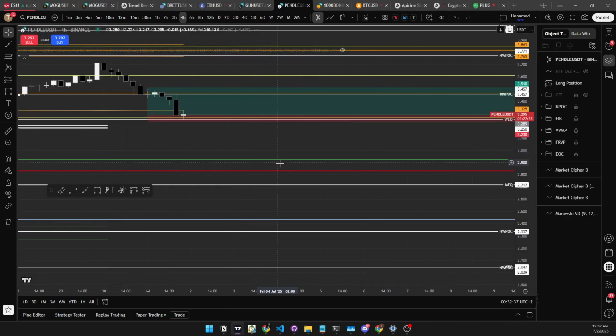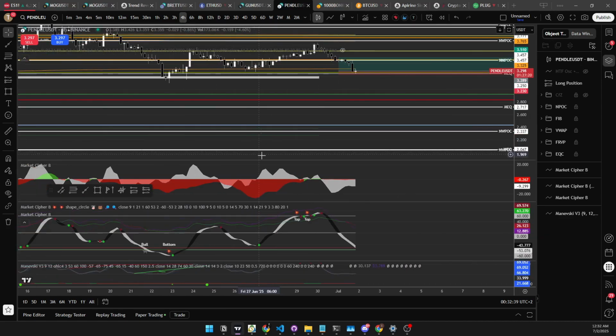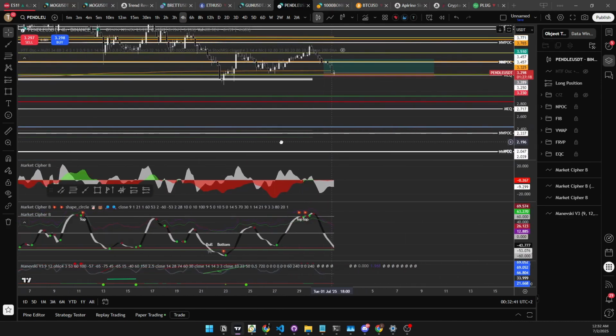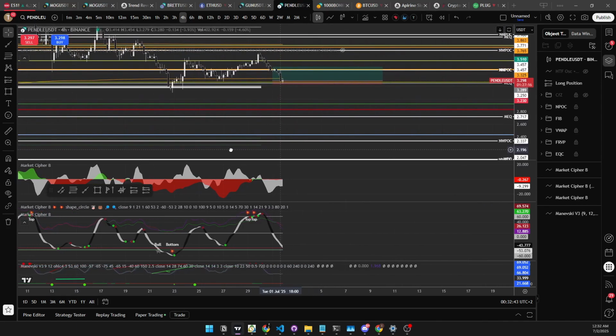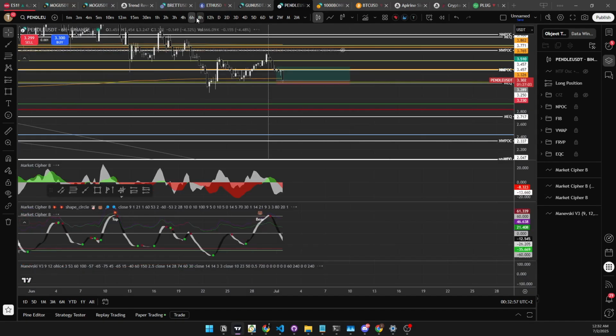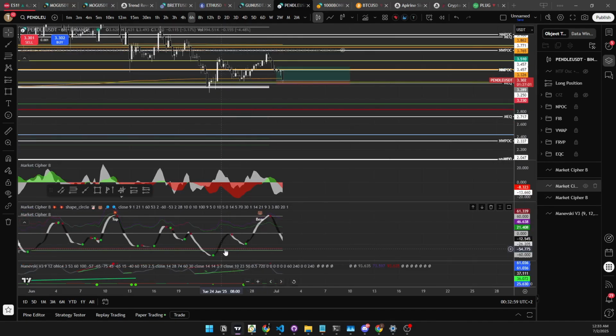So on the 4 hourly, I would like to see divergences happening, right? If we bounce from here, if this is the bottom, you could call it a divergence. Here you see this a divergence, right?